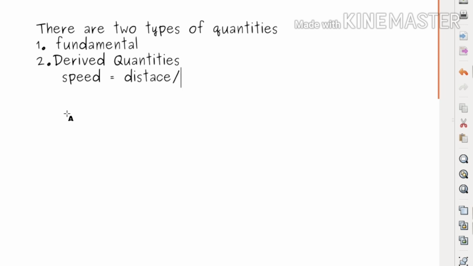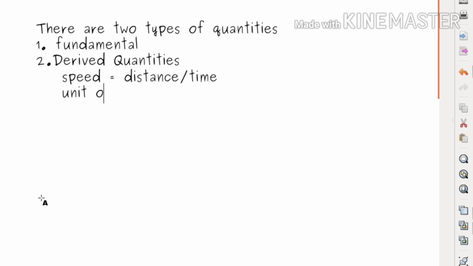So distance and time, these are two quantities, but speed is dependent on these two. So the unit of distance is meter, we all know, and the unit of time is second, but the speed becomes meter per second. So the unit of speed is meter per second.